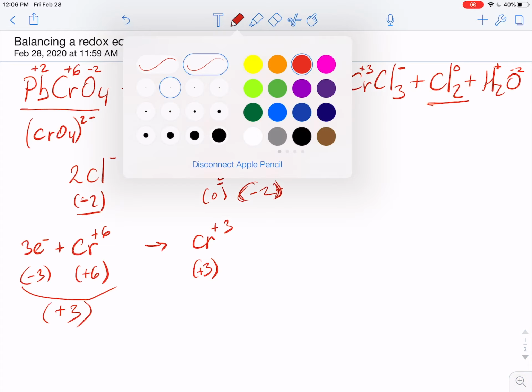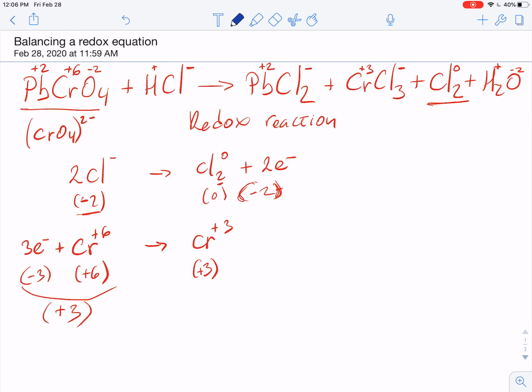Now you have to make the number of electrons lost and gained the same. So we take those two reactions and multiply the top one by 3 and the bottom one by 2, which means now this is 6Cl- that goes to 3Cl2.